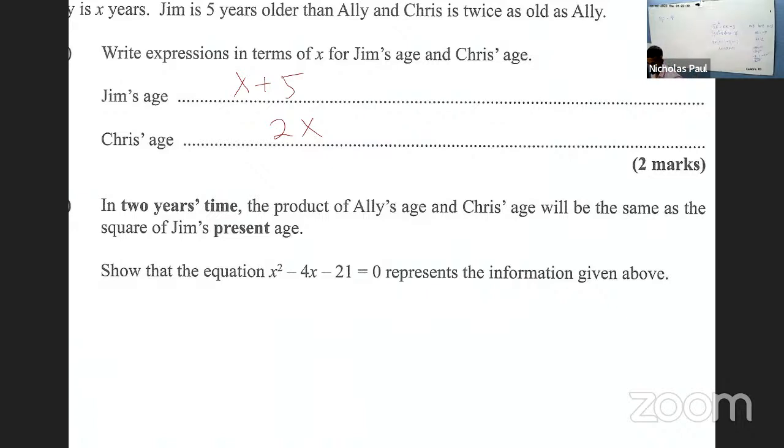What do you have to do to Jim and Chris in 2 years' time? Plus 2. Go ahead. Let's see what happens. Remember, Ali was x. Take your time. I want to see some working for this one. There are plenty of words, I know.